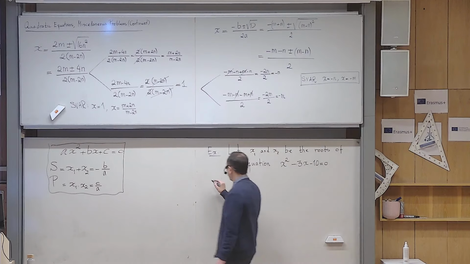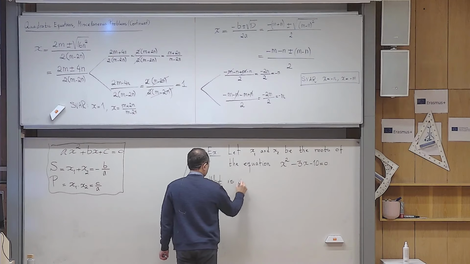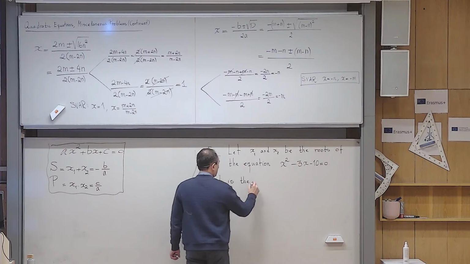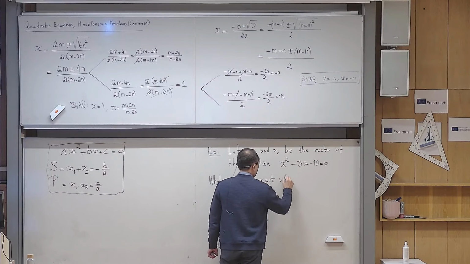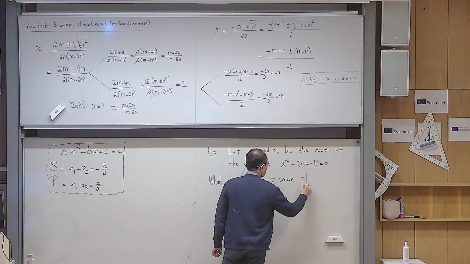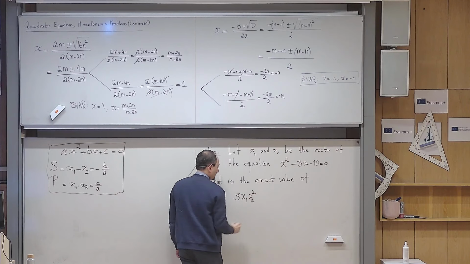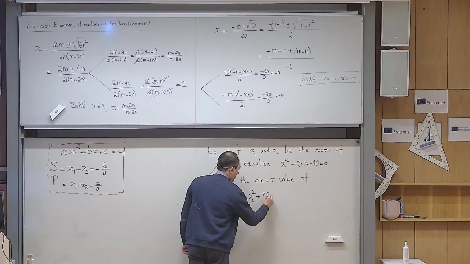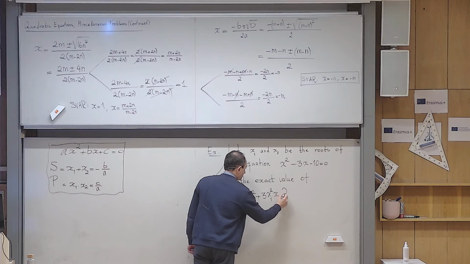What is the exact value of 3 x1 x2 to power 2 plus, the other way around, 3 x1 squared x2?